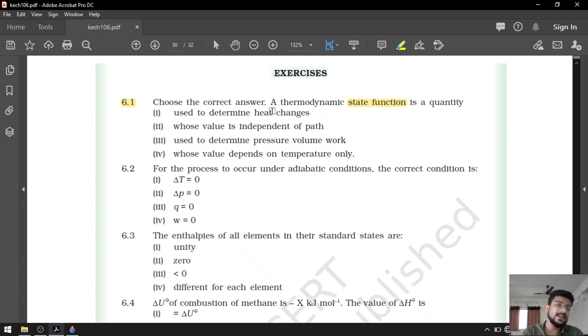Okay, which values are independent of path? Internal energy, temperature, pressure, volume, enthalpy. These all are state functions. So independent of path will be the answer.